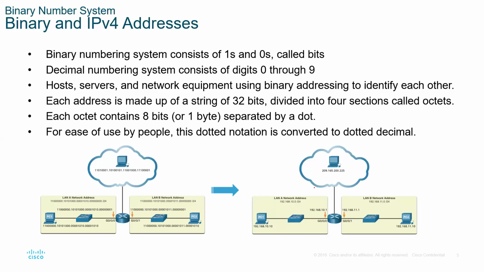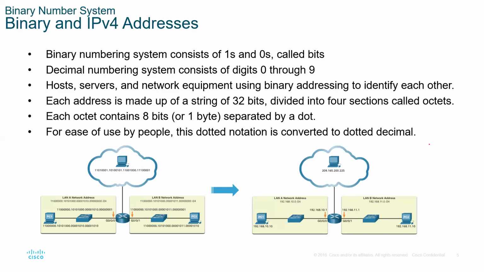And so that IP address is in binary and it carries 32 bits for IP version 4. That 32 bits is divided into 4 sections, or 4 octets, and each octet contains 8 bits, separated by a dot.